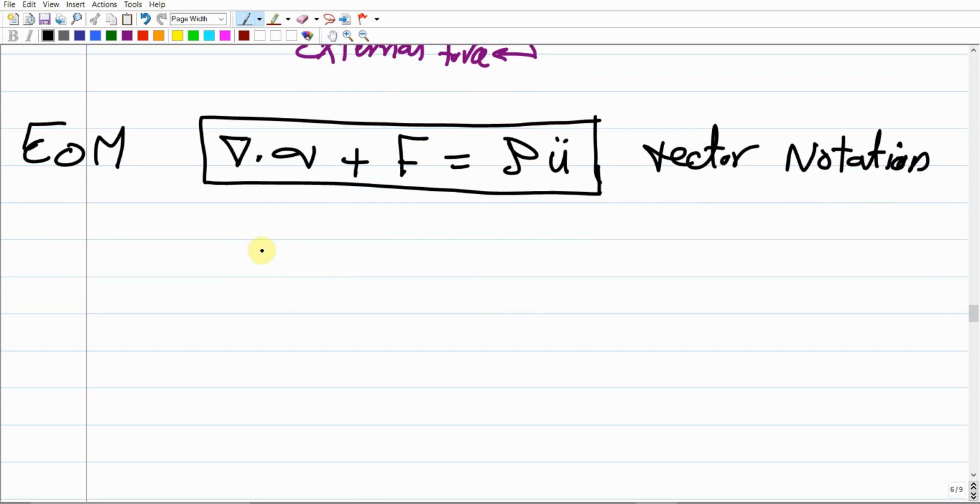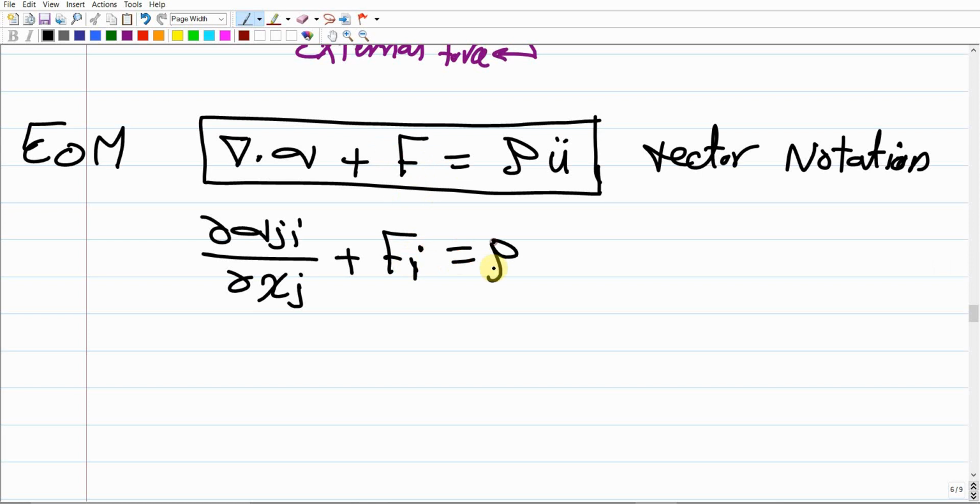In the index notation, we can write this as sigma ji comma j, where comma stands for the partial derivative, or simply the partial sigma ji by partial x j, plus fi, the components of the force vector, equals rho ui double dot. This is the acceleration vector. The index i means it is a vector quantity.